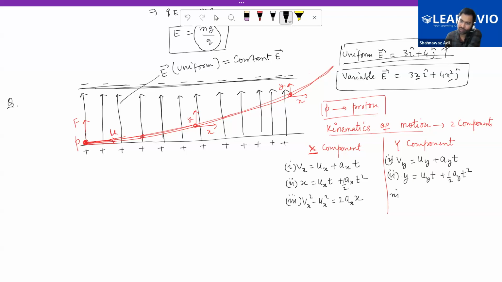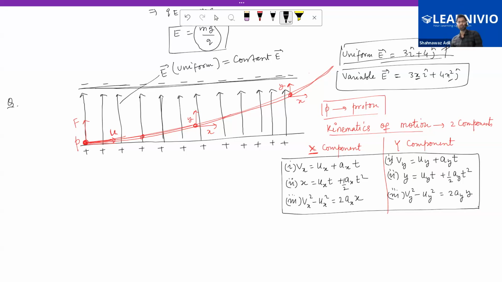And the third part would be vy square minus uy square equals 2ay times y. So these are the x and y components. Are these points clear to you? Yes, sir.